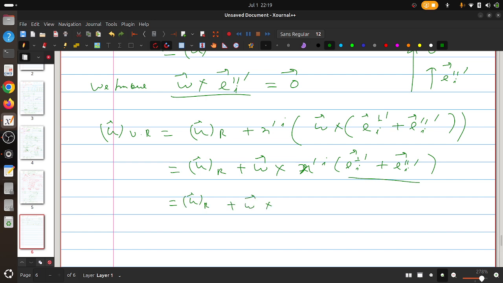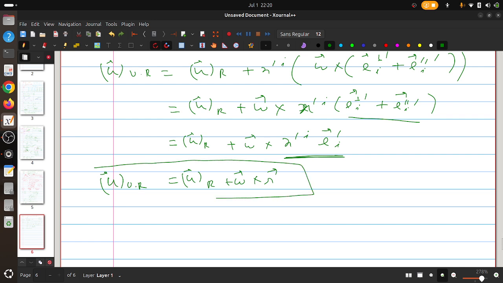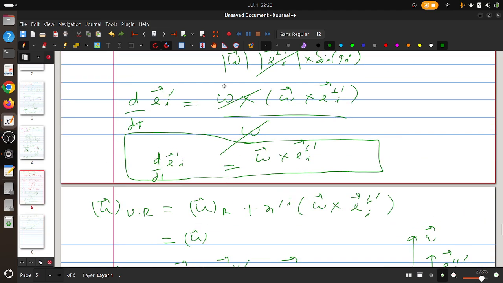So you realize that this thing here is x prime I e I prime, and obviously there is a summation. So what is this thing here? This is just the r vector, isn't it? So this is omega cross r. So the particle velocity in the unrotating frame is equal to the particle velocity in the rotating frame plus this omega cross r.